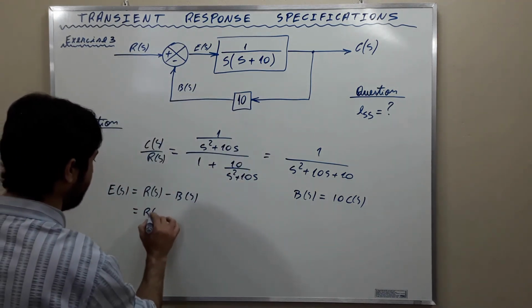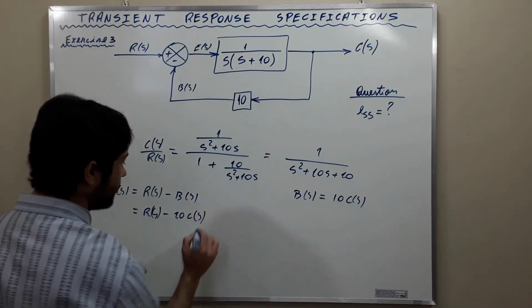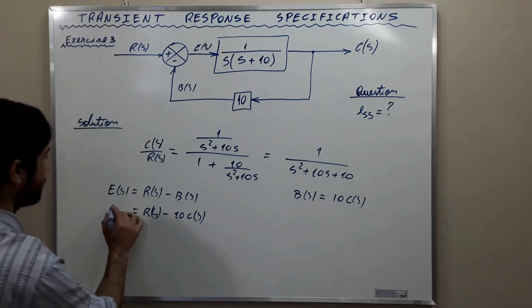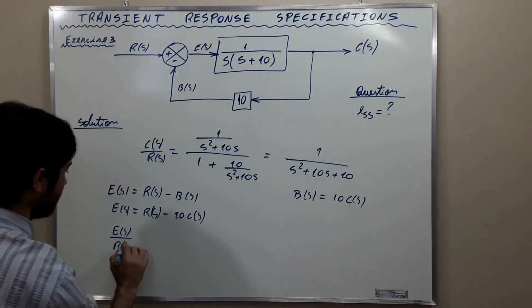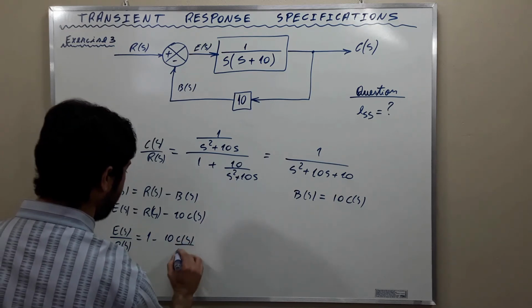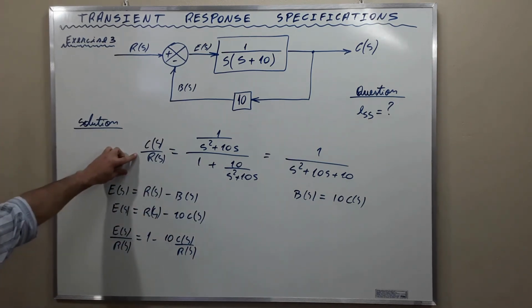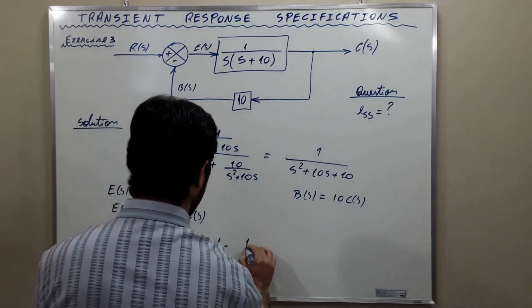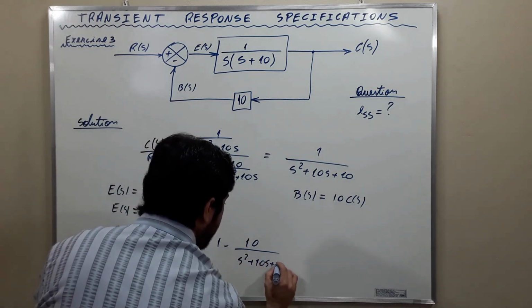Okay, it is R of S minus 10 times C of S. Okay? And if we divide both sides by R of S, we get E of S over R of S equal to 1 minus 10 times C of S over R of S. C of S over R of S is our closed loop transfer function. Then it is 1 minus 10 over S squared plus 10 times S plus 10.